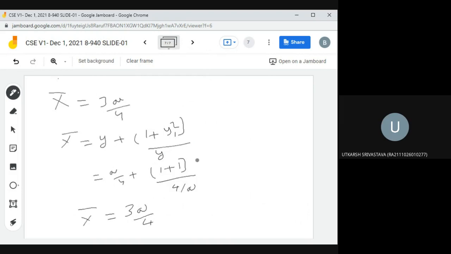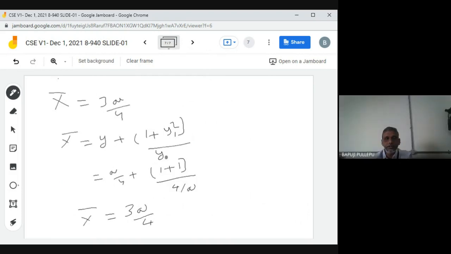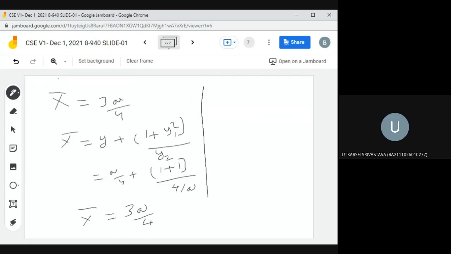Also, sir, in the formula you wrote in the denominator y only. So it should be y2. Printing mistake. Thank you. Correct? Thank you, sir. Now, x bar, y bar is what? Tell me. 3a by 4, comma 3a by 4.